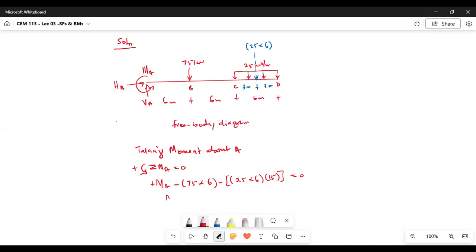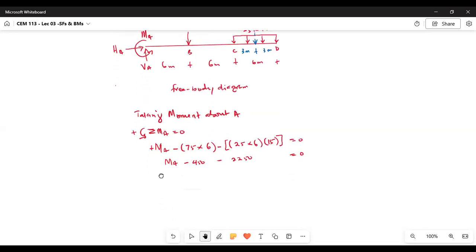So now we have MA minus 450 minus 2250 will be equal to 0. Okay, so let me move up now.